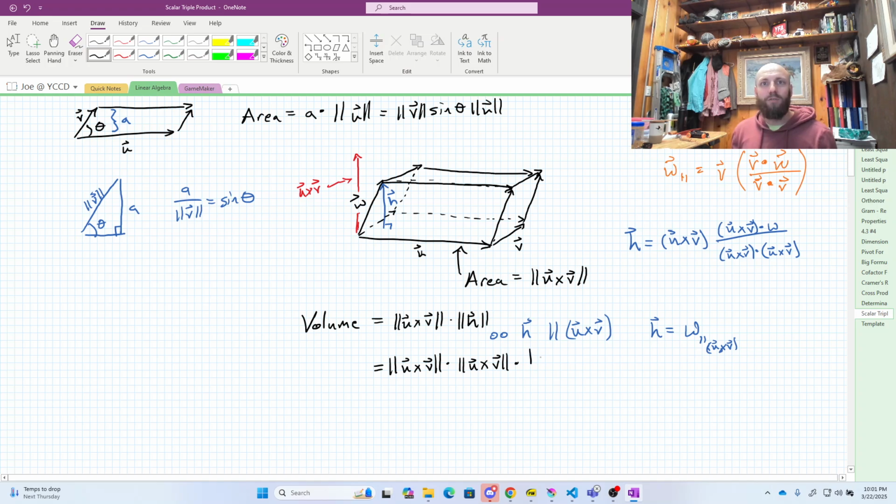So that's going to be the absolute value of u cross v dotted with w over, and on the bottom I already have a magnitude squared. So that's going to be the magnitude of u crossed v squared, because that's just what I get when I dot product a vector with itself. Then you might notice, oh, hey, look. This magnitude squared and both of these guys cancel out.